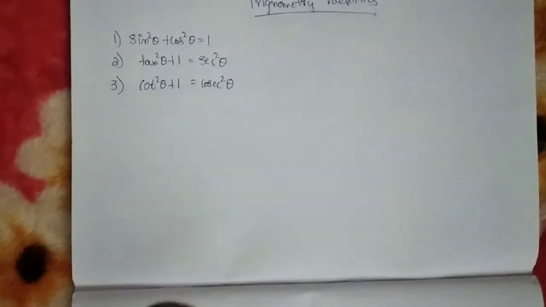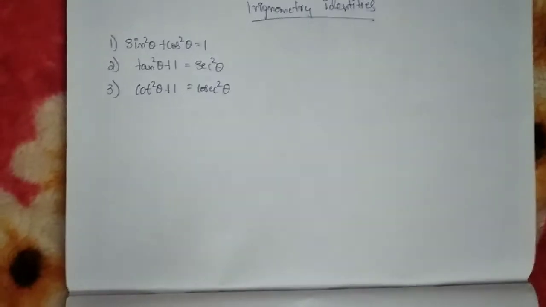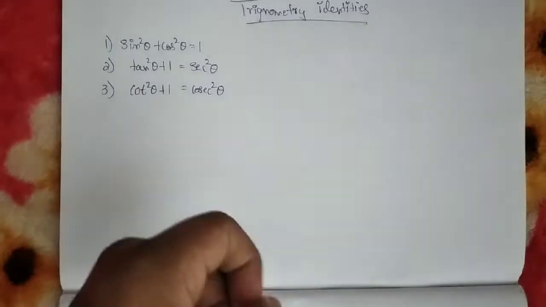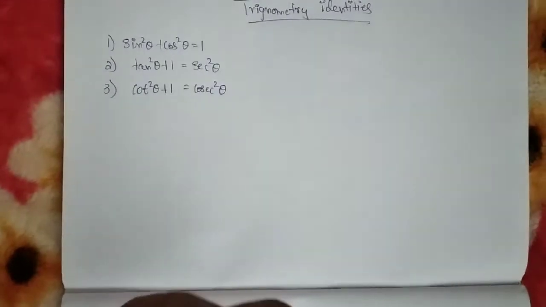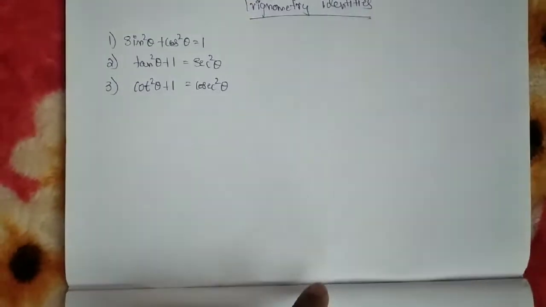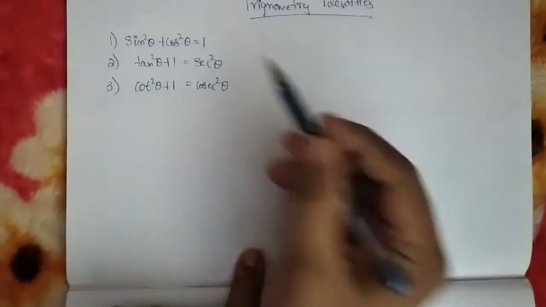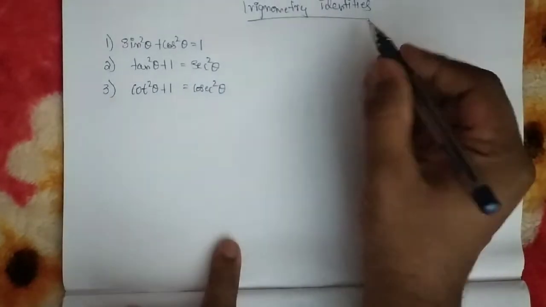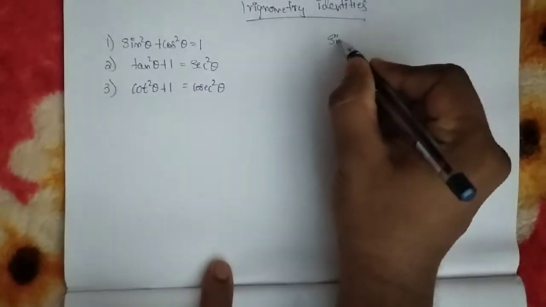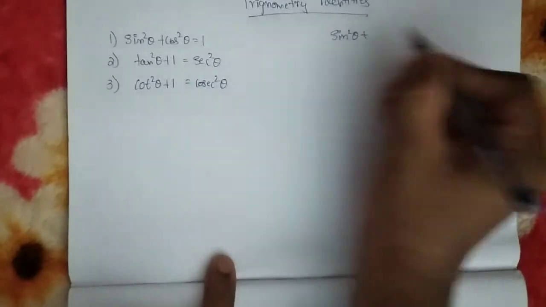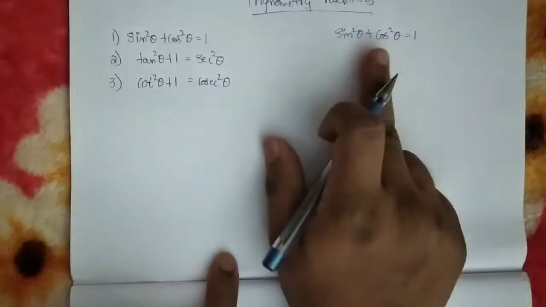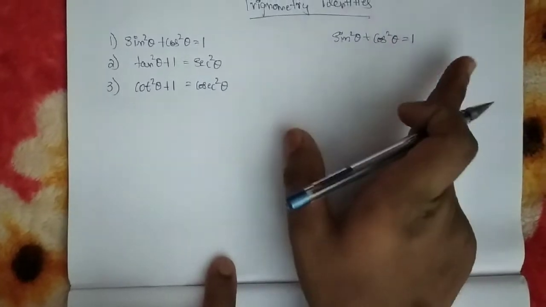Okay, after this, here in this video we are concentrating on the sums based on the trigonometry identities, which is your last exercise of the trigonometry chapter. Friends, here sine square theta plus cos square theta is equal to 1. So I'm considering this identity. I can shift this cos square theta to the right hand side.